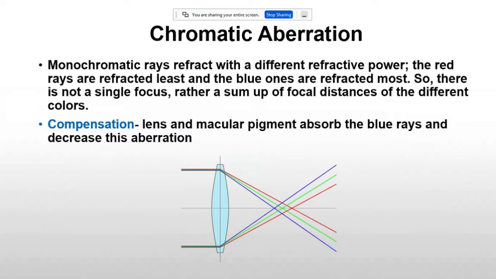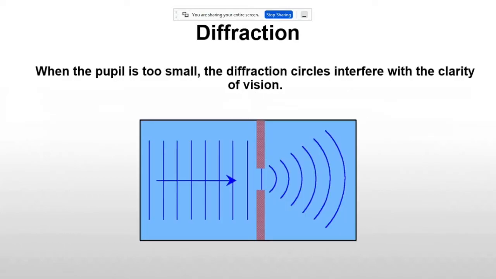That's why when we use these glasses with the violetish blue-protect anti-reflex coating, we have more contrast in the picture, just because they stop these blue rays, and this slight myopia becomes compensated. But the natural compensation is a little bit from the lens and the macular pigment.